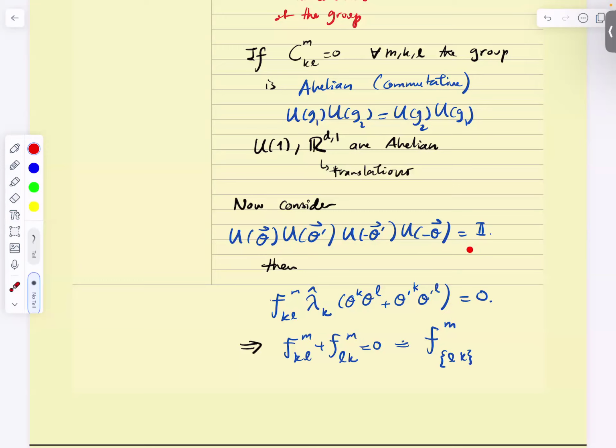Hopefully that's clear. Now, if you expand this using the expressions you had, you're going to find this relation. This should hold for all F_KLM, lambda_K, and theta and theta'.